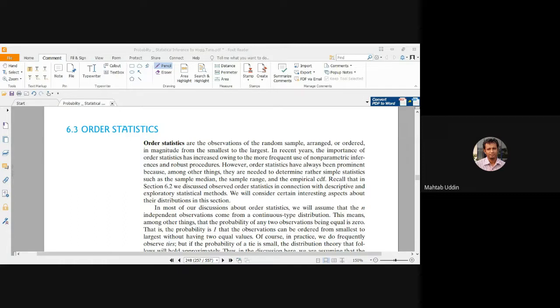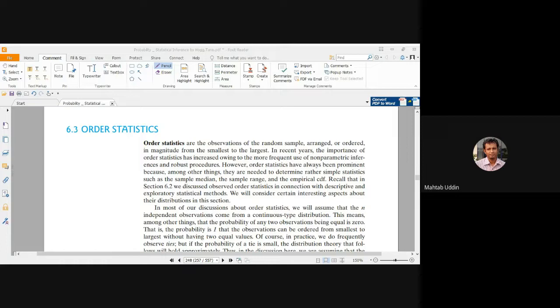In the raw or initial data they are scattered, so you cannot make a conclusion from it. Then you have to arrange them in increasing order or decreasing order. If you write in increasing or decreasing order, then this is called ordered statistics.